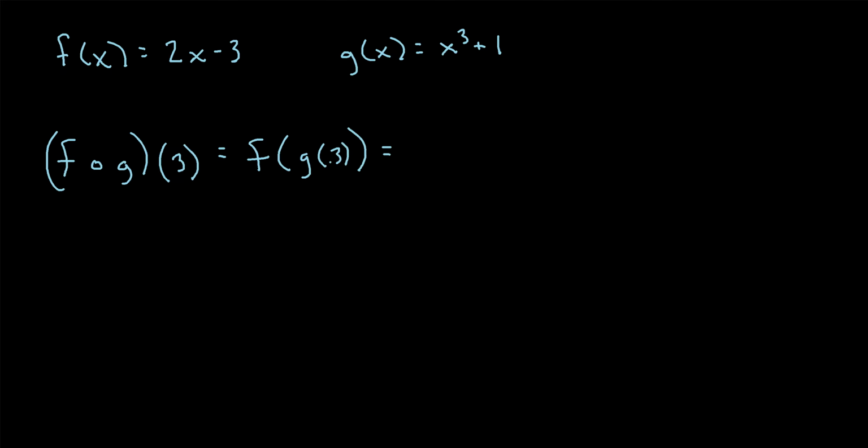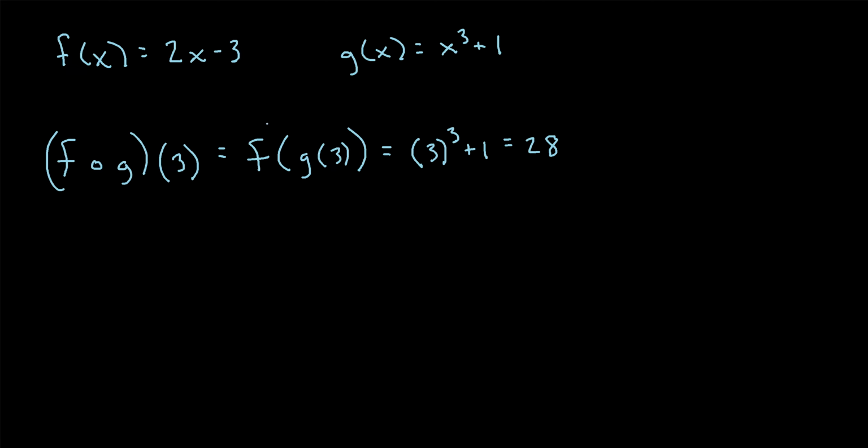So the way that we solve this is we first plug in the value 3 for x in our g of x equation. So instead of x cubed plus 1, we can write 3 cubed plus 1. So 3 cubed, that's 3 times 3 times 3, that's 27, plus 1 is 28. So that is what g of 3 is equal to.